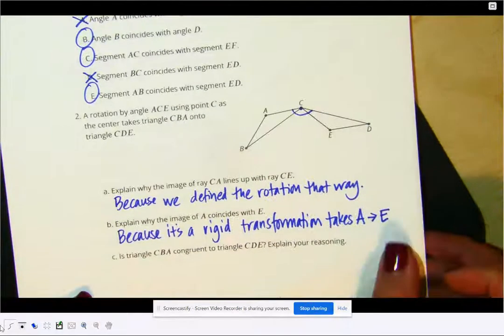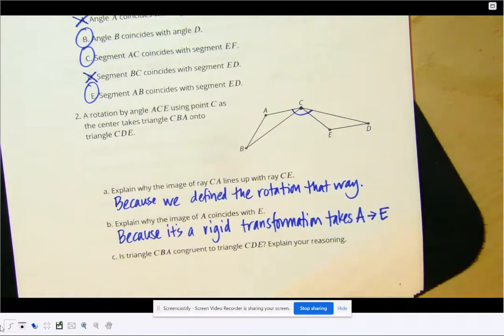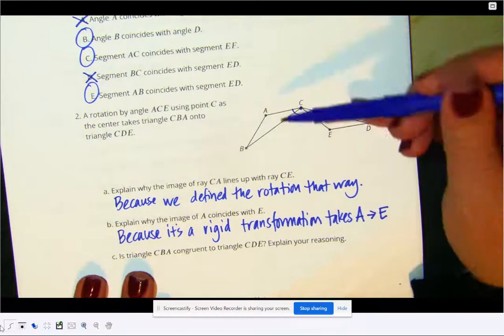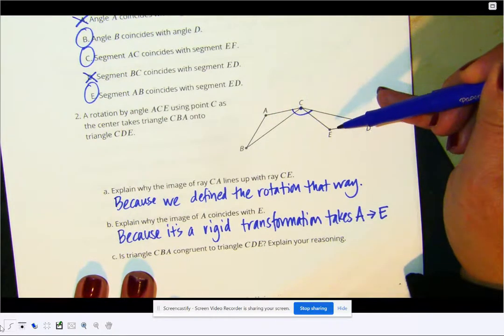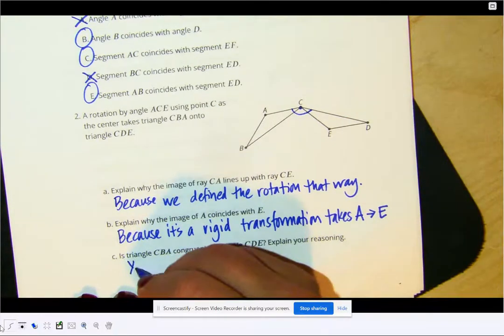Explain your reasoning. The definition of congruence is if you can find a transformation or a series of transformations that maps one shape onto another, then they are congruent. We just defined this being mapped onto this through a rotation, which is a rigid transformation. Yes.